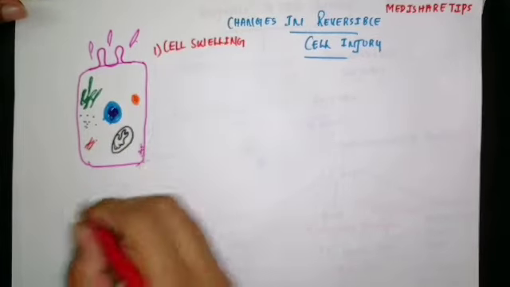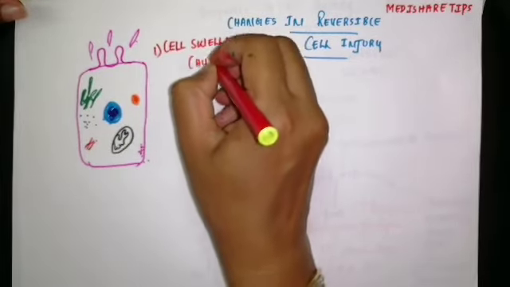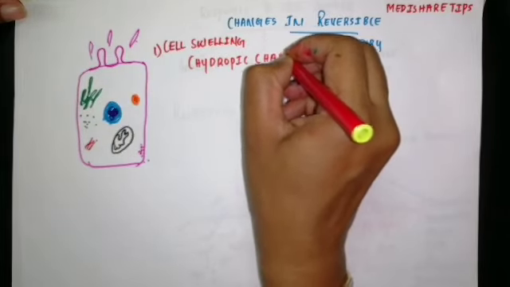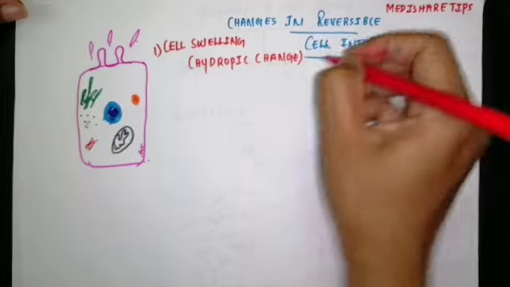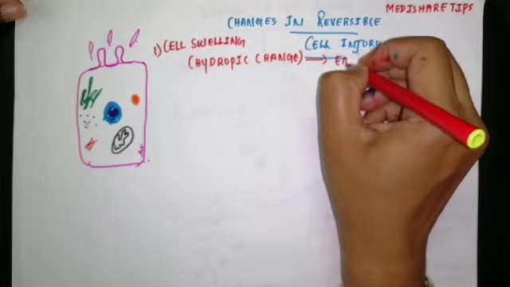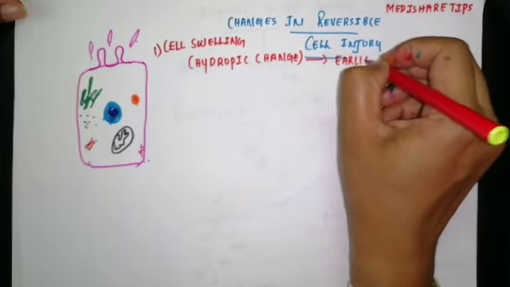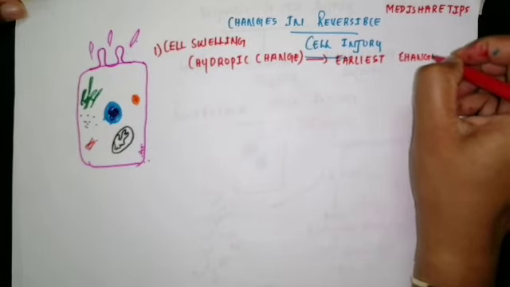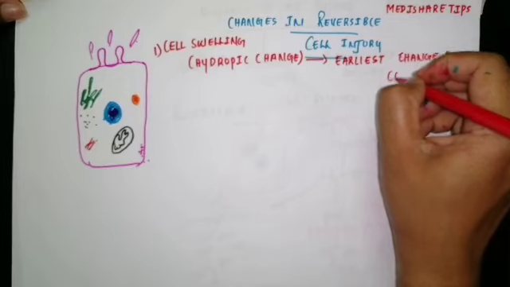That is the first change, also called hydropic change. Hydropic change is the earliest change seen in cell injury.